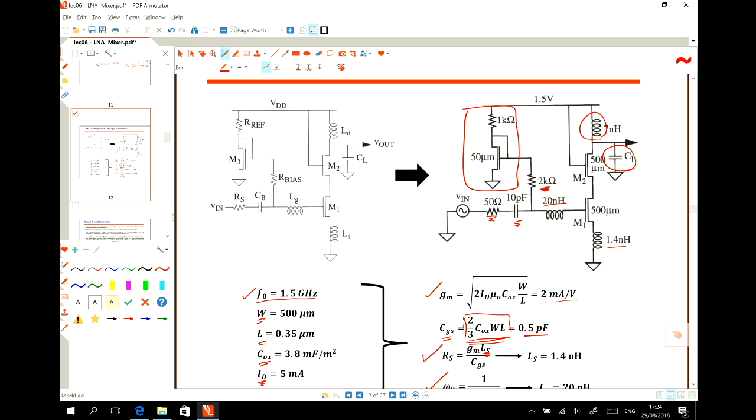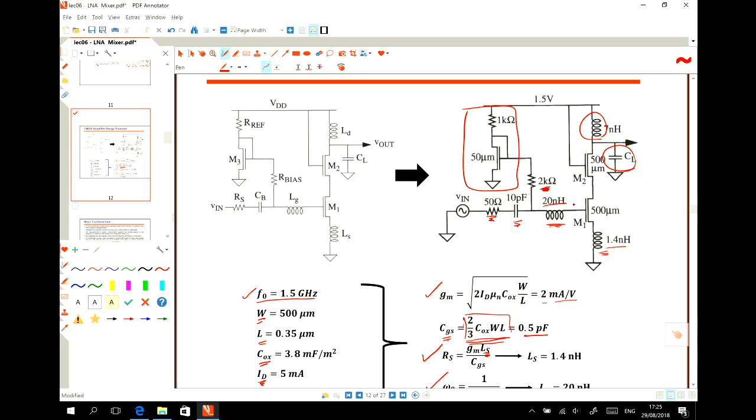The novelty, I mean the advantage of this, is that with only one component you can match. We usually need two components to match. But when we put a degeneration or degenerative impedance here, actually an inductance, then you can match the CMOS with only one component, because the difference between this and the BJT is that the input impedance of this is infinite, but the input impedance of the BJT is R pi.